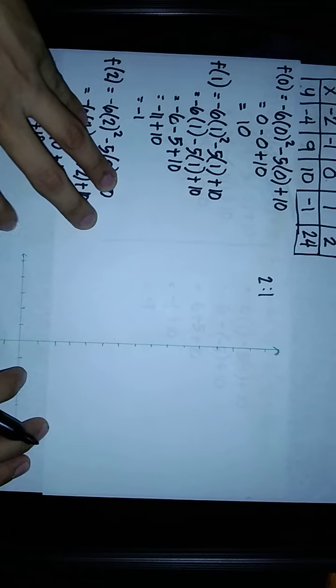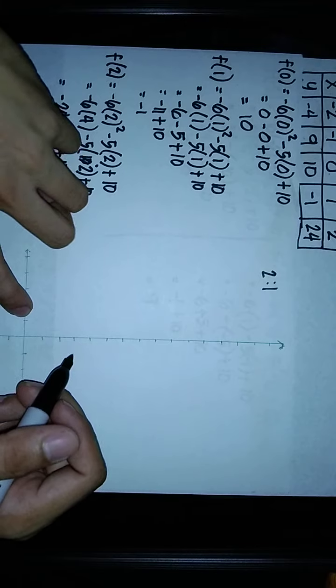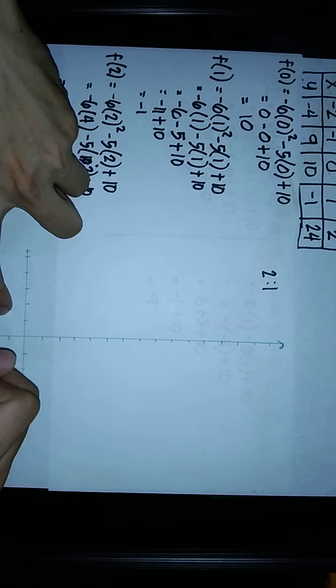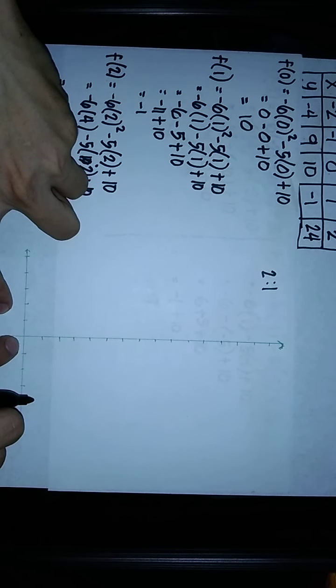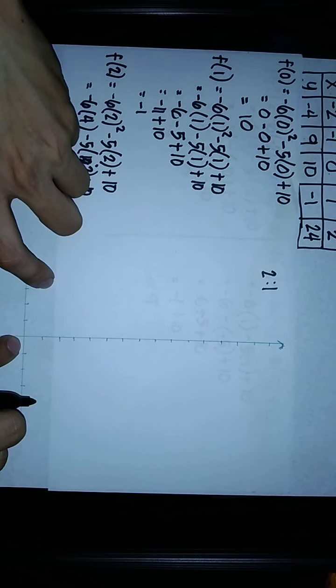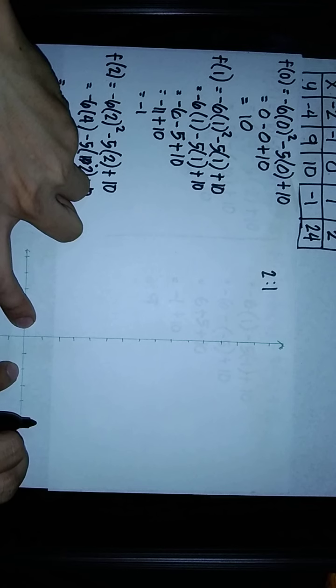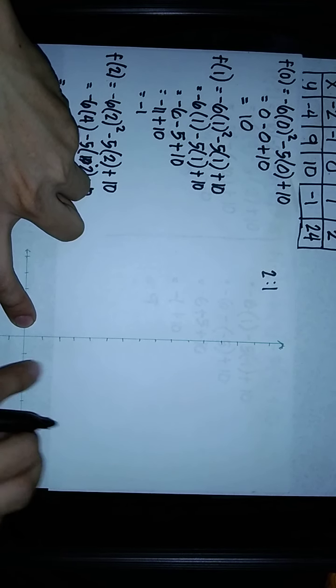Hindi yung kalimitan na graph na by 1. So, negative 2, yung x values natin, and then negative 4 yung y. So, naandito yon. And then, we have 1, ang kanyang y value is 9.